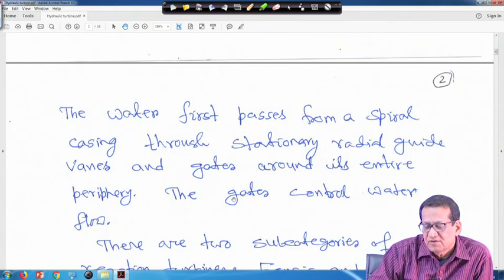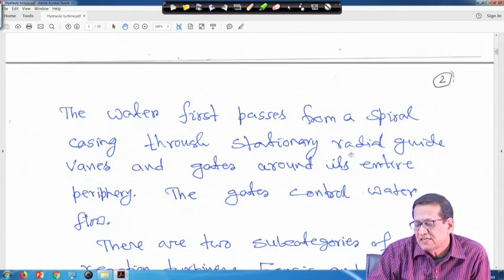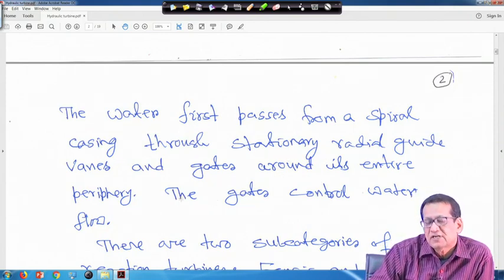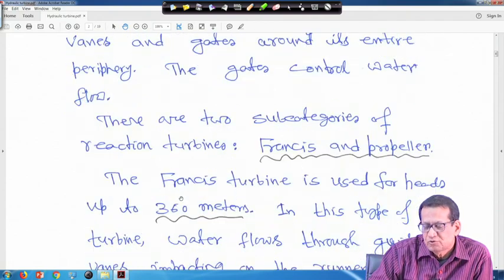The water first passes from a spiral casing through stationary radial guide vanes and gates around its entire periphery. The gates control water flow, as I think you have studied a little bit in your power plant engineering. There are two subcategories of reaction turbines, Francis and propeller.